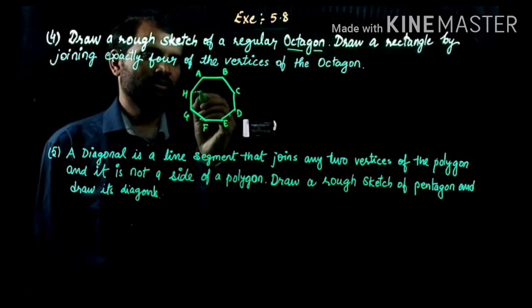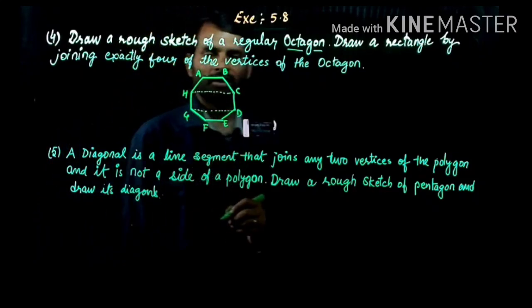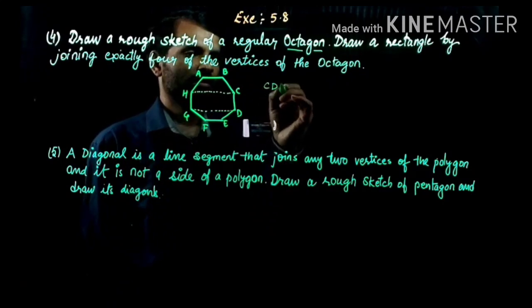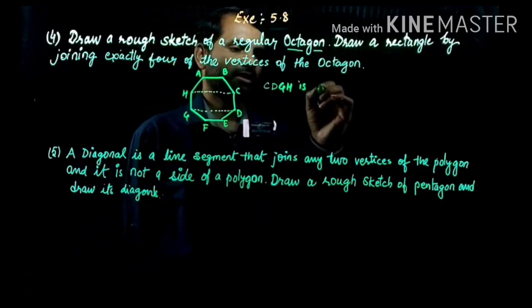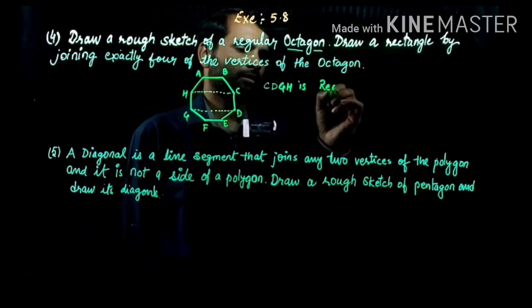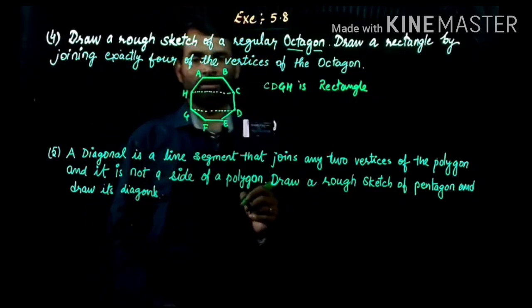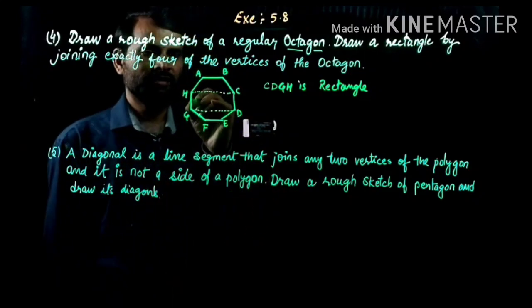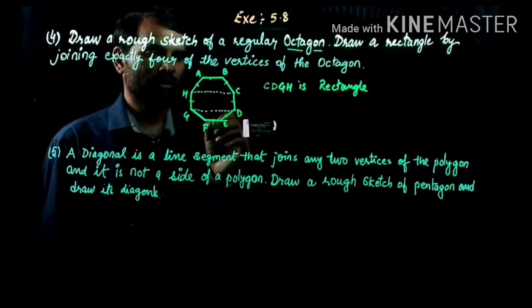One is joined from H to C, and the second is G to D. Then C, D, G, H is which type of shape? It is a rectangle. The regular octagon you draw by line segments, where all sides are equal, with the help of square paper.